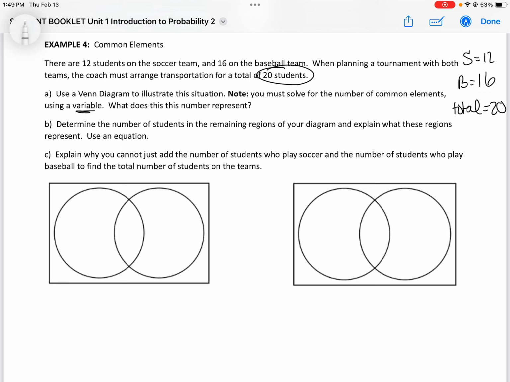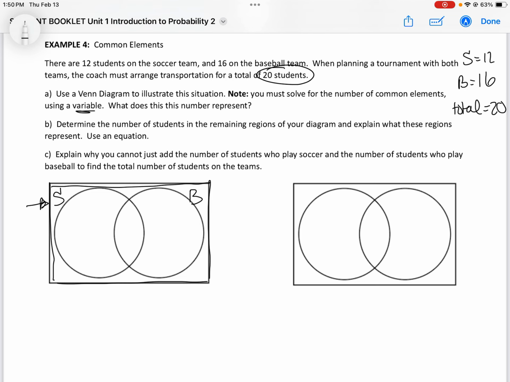Okay, so here's the thing. We know that this entire box is going to be the universal set, so it's going to have a total of 20 individuals. Let's name this soccer and this baseball. And just be aware that sometimes when we have soccer and we are using a capital S for the event, you might immediately be thinking universal set, but just be careful of that.